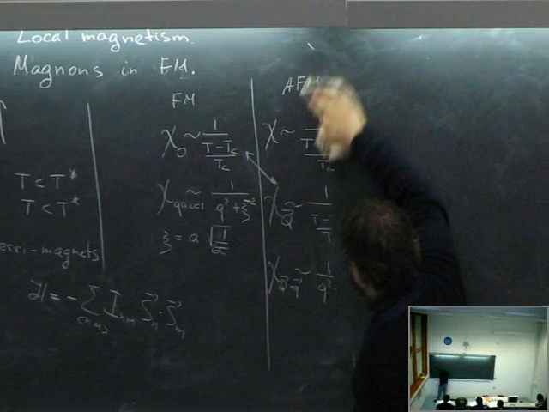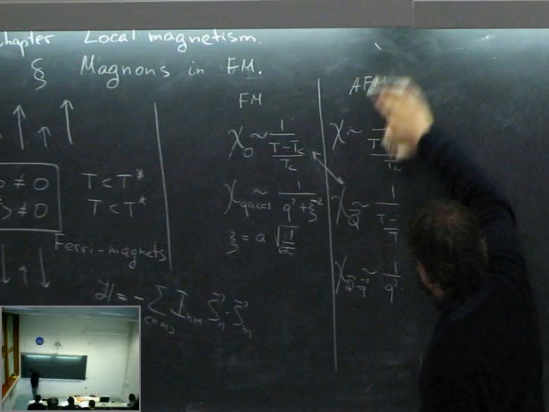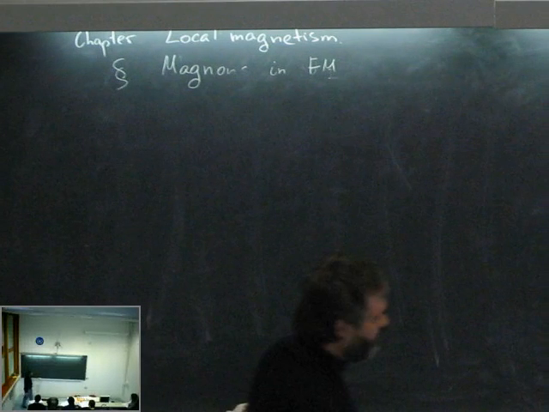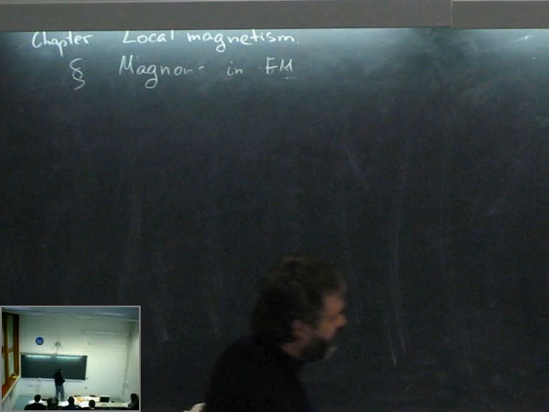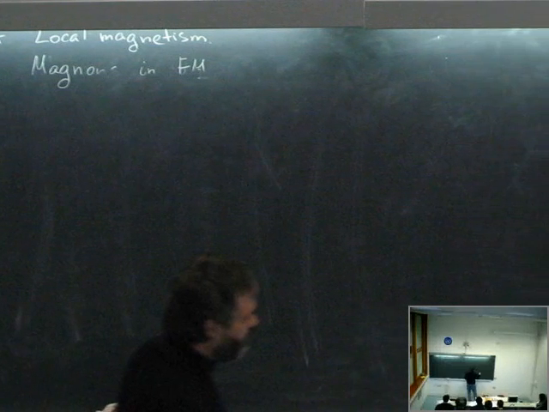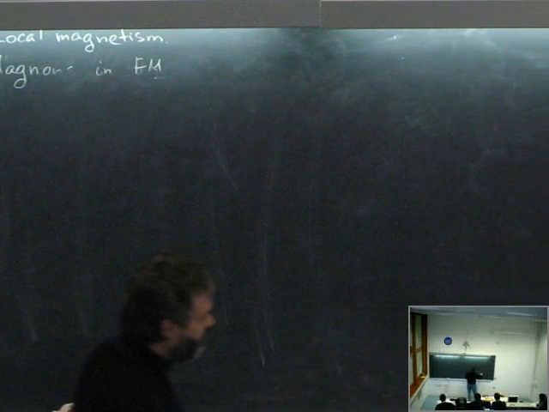By the way, since I promised to recommend books for each chapter we are dealing with, the book for magnetism, my favorite one, is Robert White, called Quantum Theory of Magnetism.